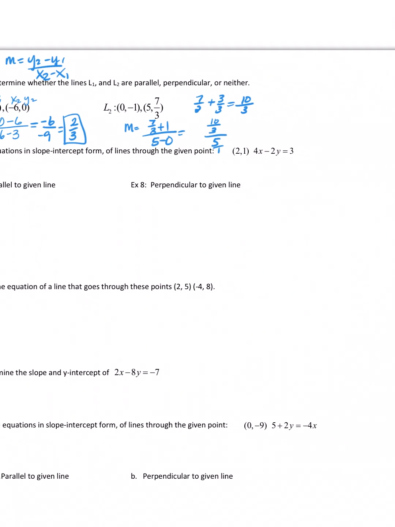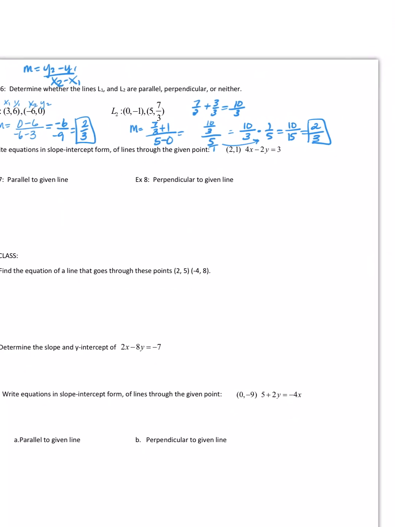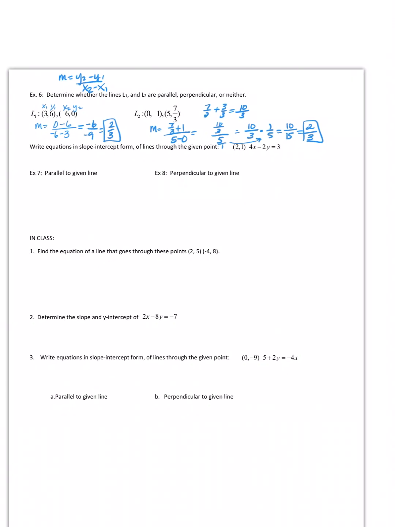When you divide a fraction, what do you get? Well, you have to flip it over. So 10/3 times 1/5, you have to multiply by the reciprocal. That gives me 10 over 15. Let's see if that's the same. Reduce again, that's 2/3. Look, both of them are positive 2/3. So what does that mean? That means that these two lines are parallel. All right, you'll have some practice problems on this, so remember that relationship.